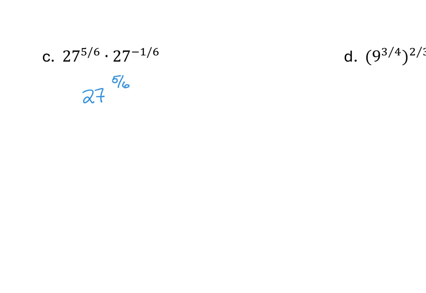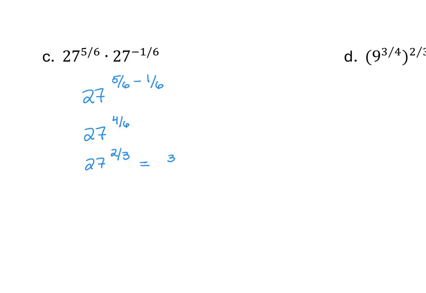But 5/6 plus negative 1/6 is the same thing as 5/6 minus 1/6. And if we simplify that, we get 4 over 6, which we can simplify the fraction. It becomes 2/3. All right, we can go ahead and convert this to radical notation.